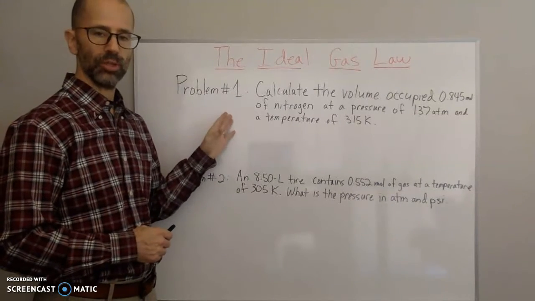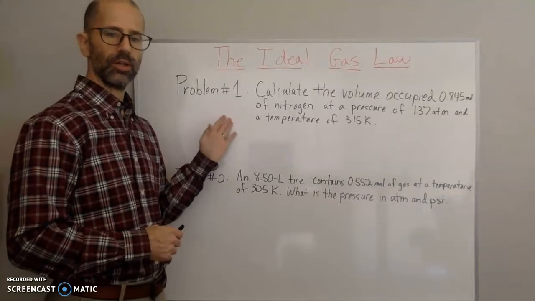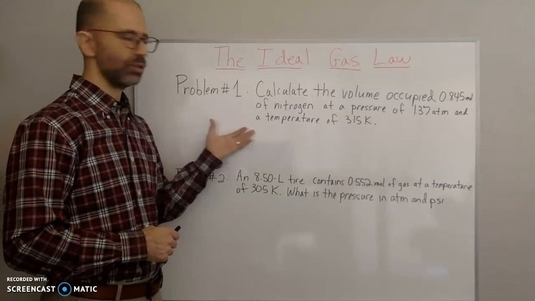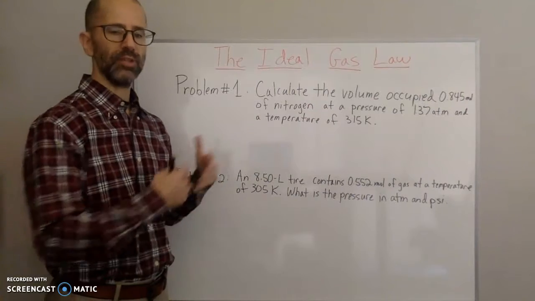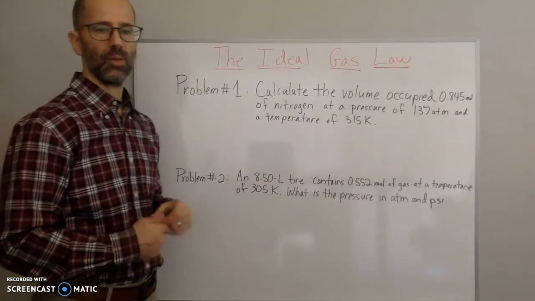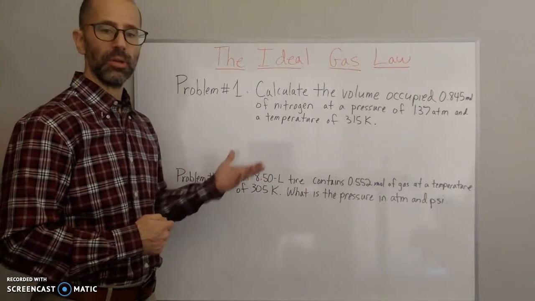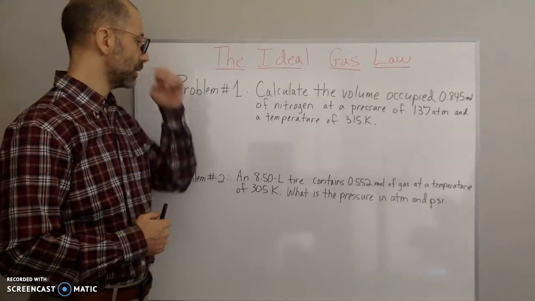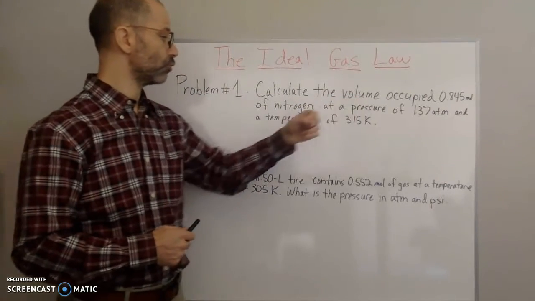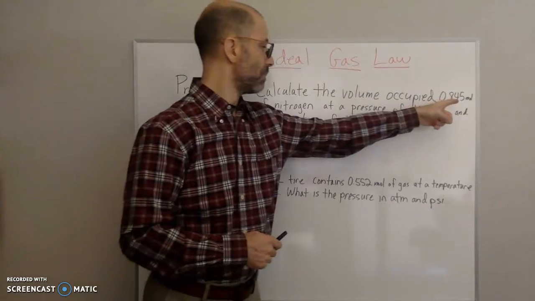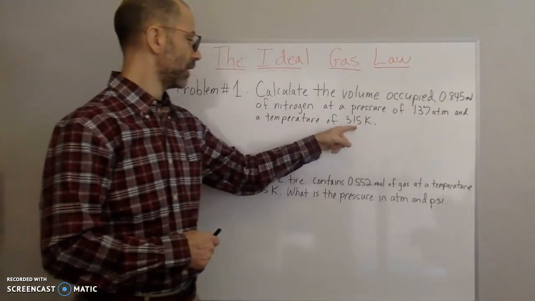We're not told that we're going from one amount to another amount, or from one pressure to a different pressure. They're just giving us a set of conditions, and they want us to find the missing part. In this case, they want to calculate the volume. So we want to find the volume, and they gave us the amount of gas, the pressure, and the temperature.